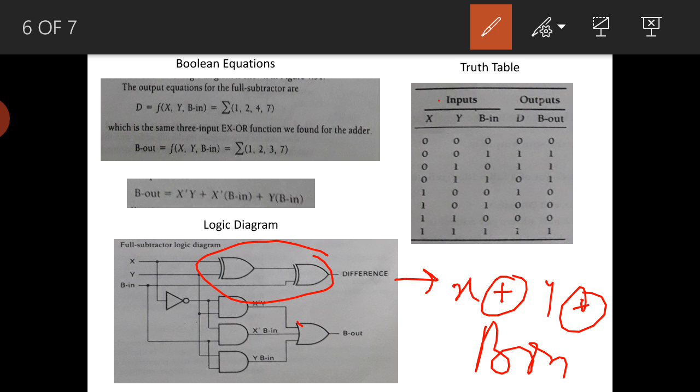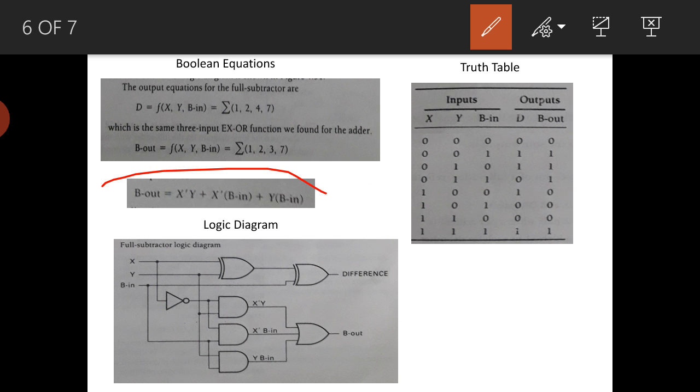Okay, and for the borrow we need to realize this function: this is not x bar y bar, it is x bar y, the first term, then x bar b in, then y b in.